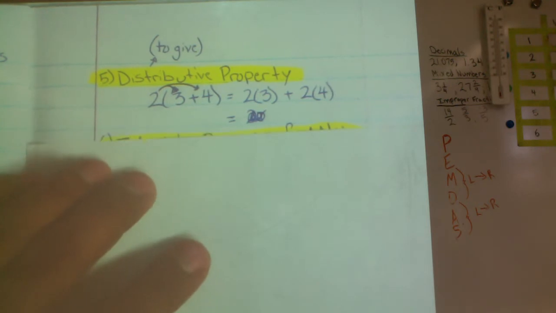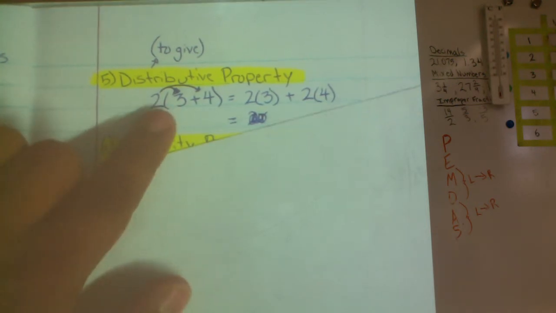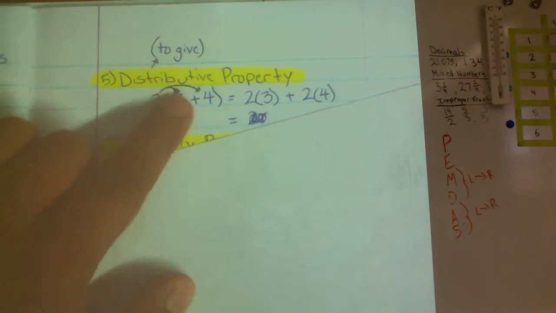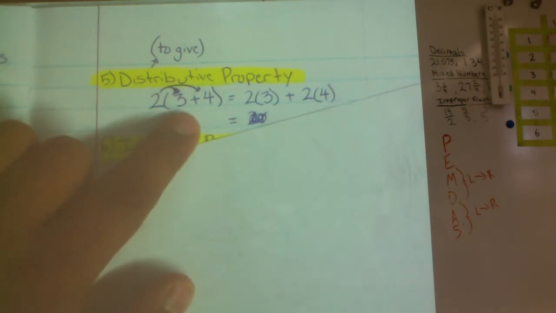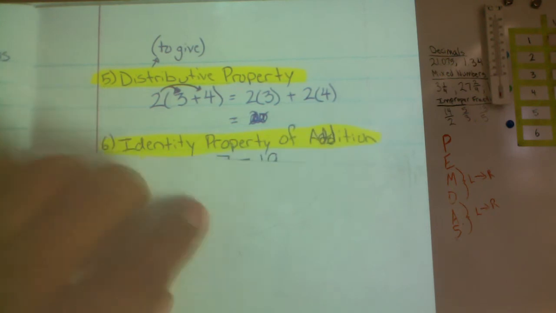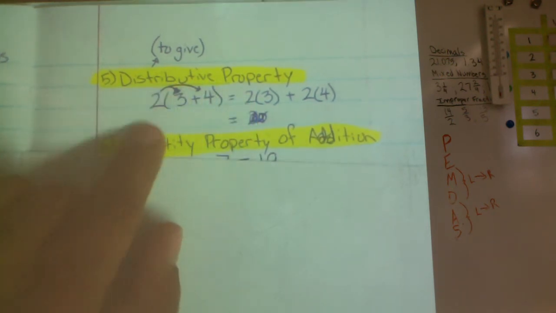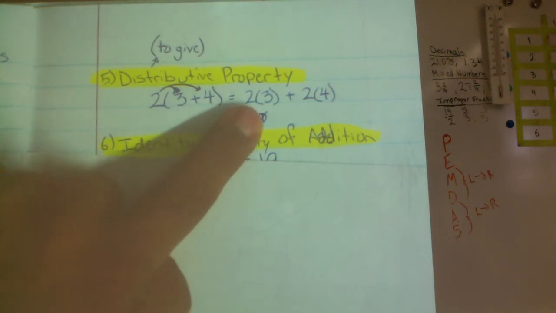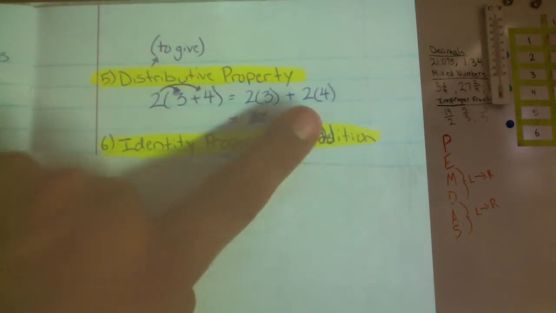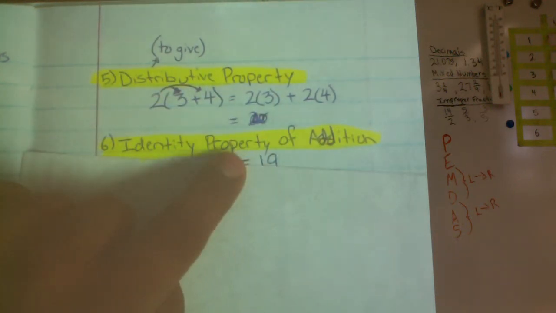Remember, distributive means that anything on the outside of the parentheses, we give to everything inside of the parentheses, so we multiply it. So this expression is the same thing as this expression. 2 times 3, which is shown here, 2 times 4, which is shown here, and we know those two sides are equal.